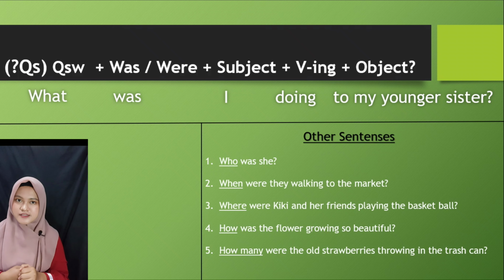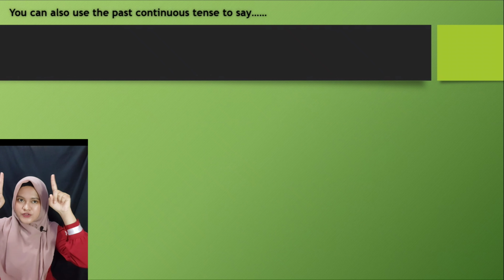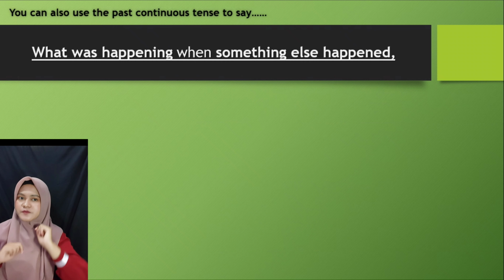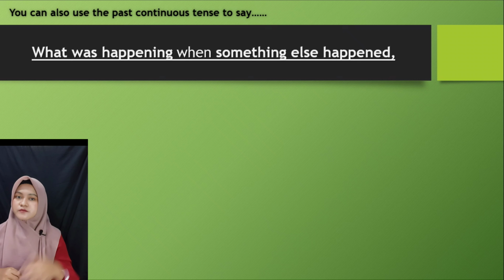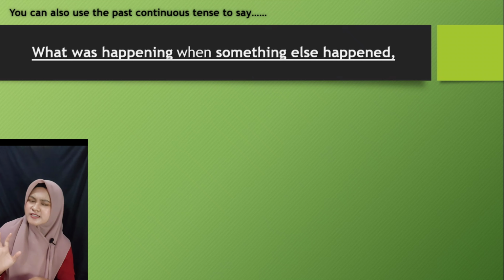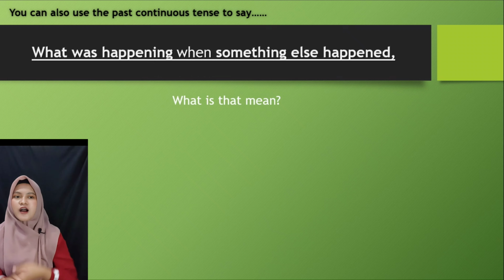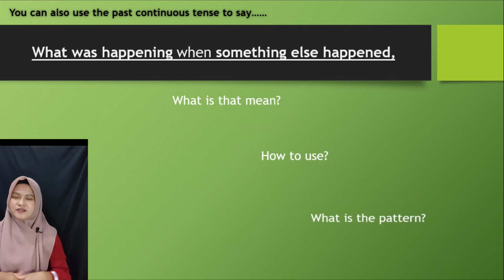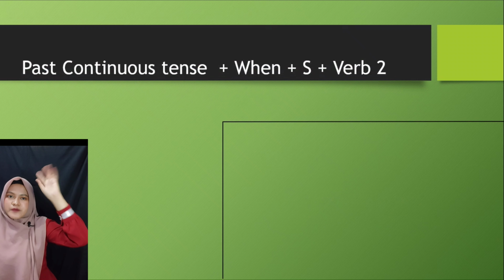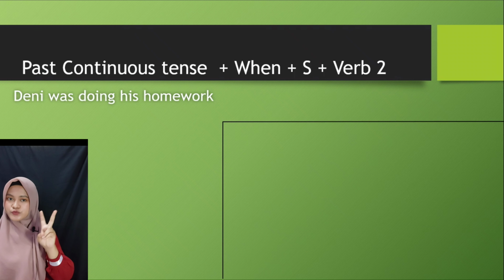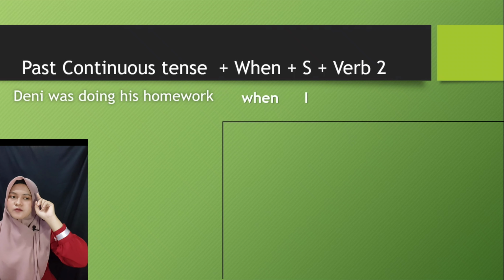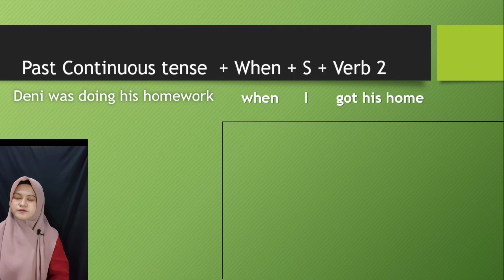And the next is, you can also use the past continuous tense to say what was happening when something else happened. What does that mean, Miss Fira? Then how to use it? What is the pattern, of course? Here the pattern is past continuous tense, when, subject and verb two. The sentence is, Danny was doing his homework when I called his home.